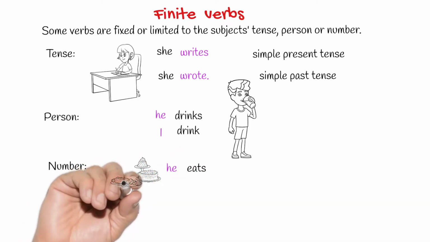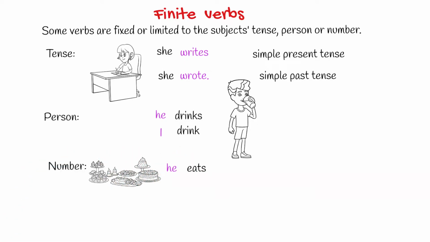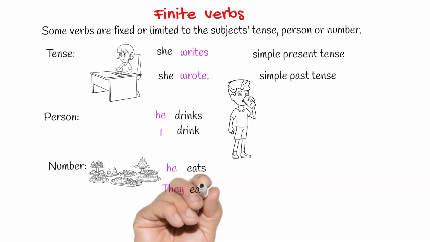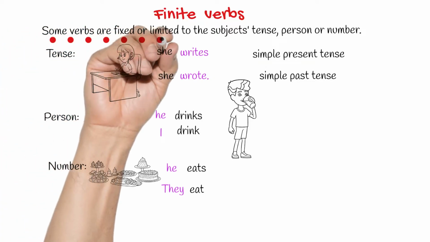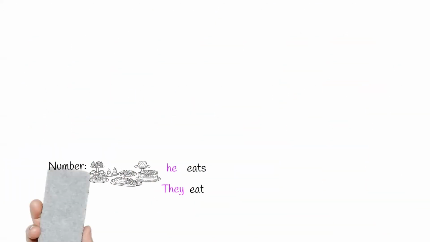Here, eats agrees with the singular subject he. If you change the number of the subject to plural they, you will see a different form of the verb, finite to they, that is, eat in this example. In short, finite verbs are fixed or limited to the subject's tense, person, or number.